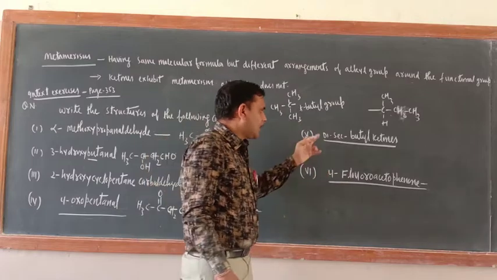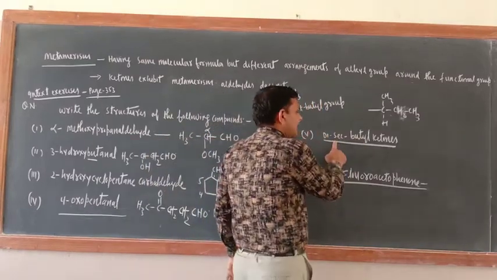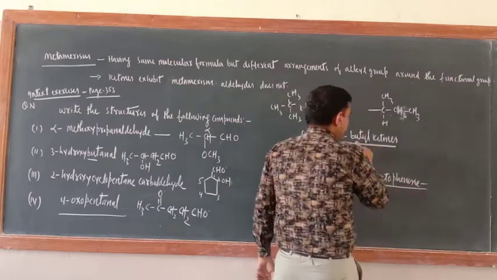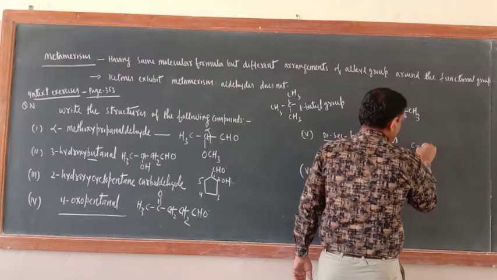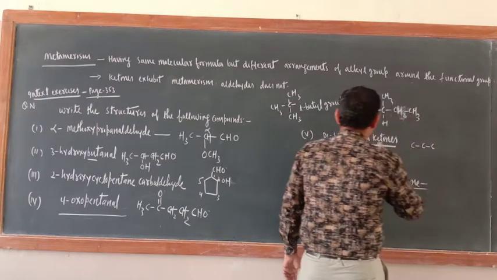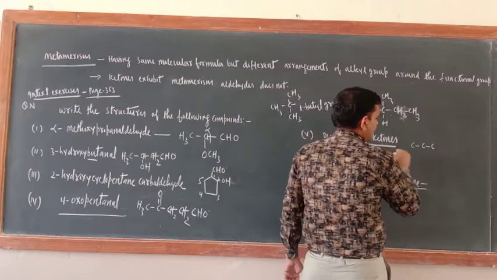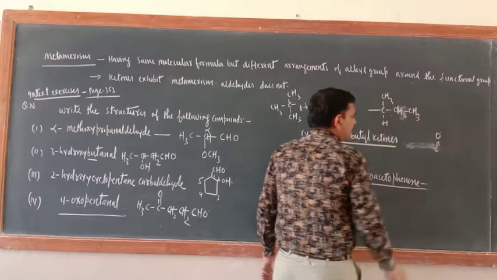Okay, so now just see, disecondary butyl ketone. Di means 2 secondary butyl groups are there. So first write butyl. Butyl means just see, C, C, in addition to the butyl group, a ketonic group is there. So first you write this ketonic group.